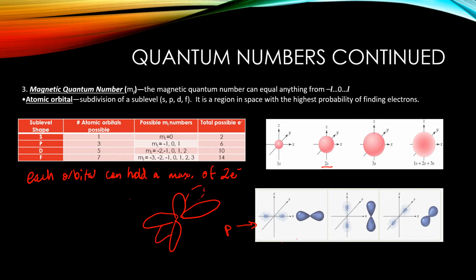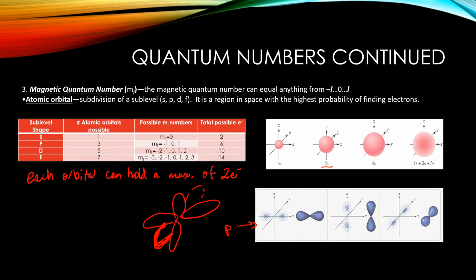This one going back behind the board, the one with the bolded line coming out from the board. So 3-dimensional shape, X, Y, and Z axis. My artwork stinks, so I apologize in advance, but that's essentially what we're looking at when you superimpose all 3 of these orbitals over the top of one another.